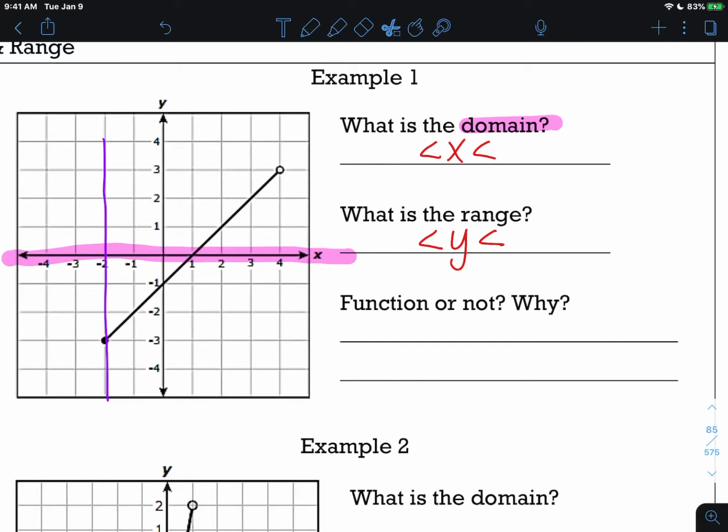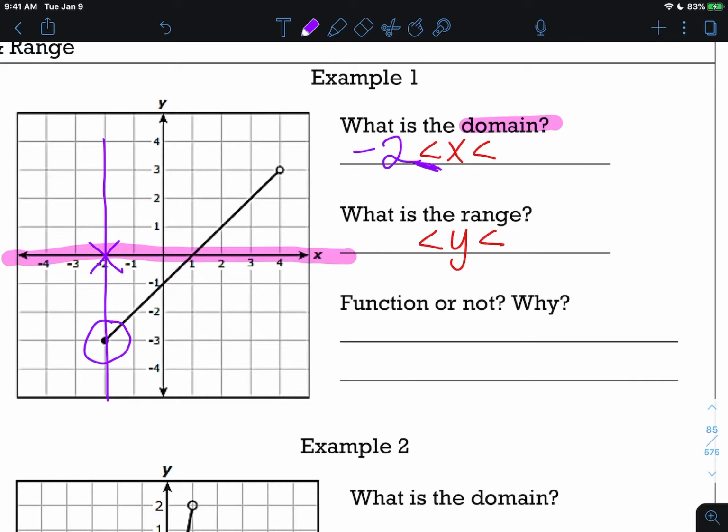Now, that first part of the graph, I'm going to see where it lines up on the x-axis, and it lines up perfectly on -2. Okay, so I got that. However, I have to look at this dot. Is this dot filled in? Yes. Extra symbol.